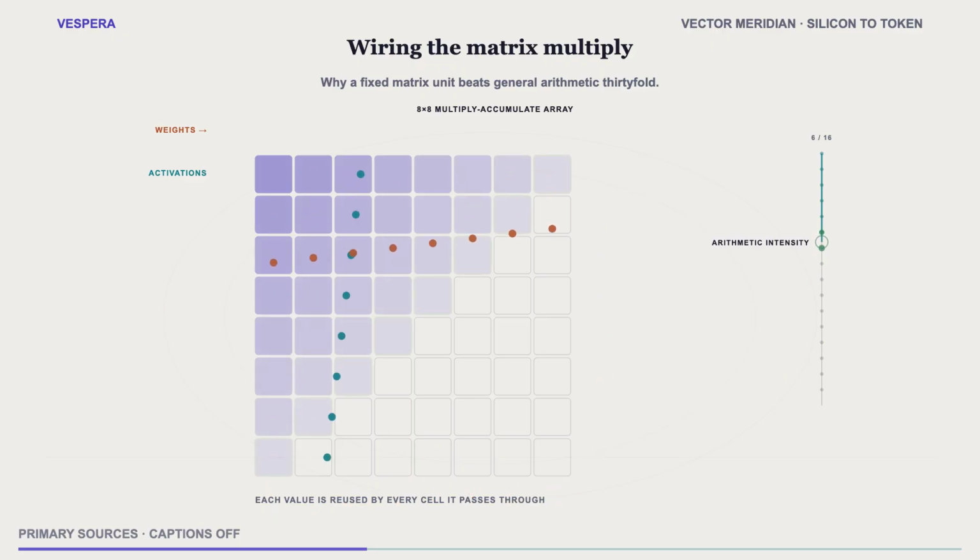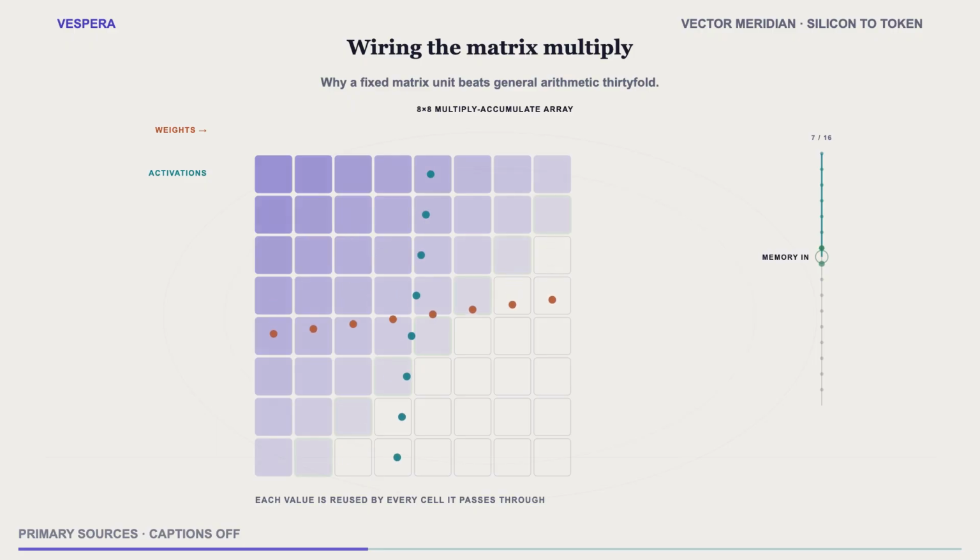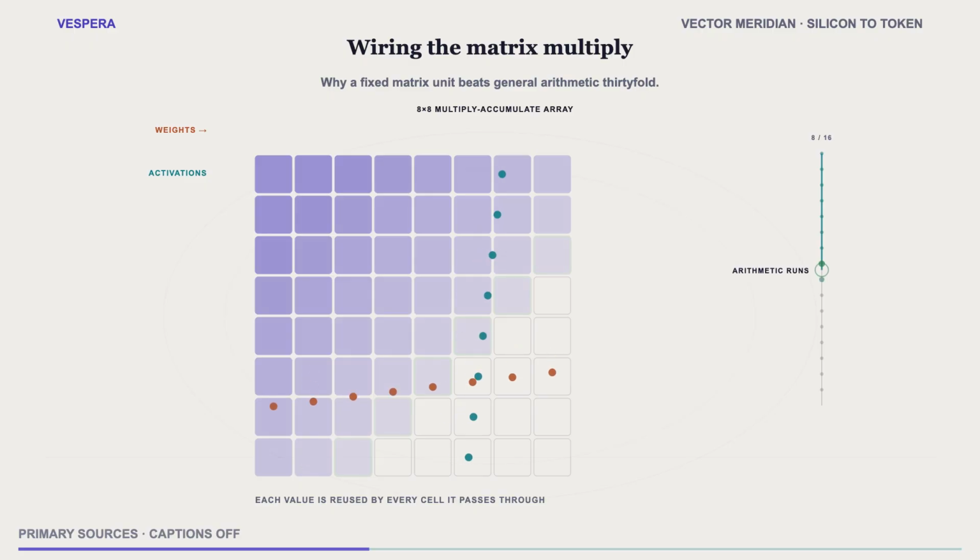The oldest and cleanest version of this idea is the systolic array, and the TPU paper describes it precisely. A 65,000 element 8-bit multiply accumulate matrix unit, with 28 megabytes of software managed on-chip memory, peaking at 92 teraops per second. Data is pumped in at the edges and flows through the grid, each cell doing one multiply accumulate and passing results to its neighbor.